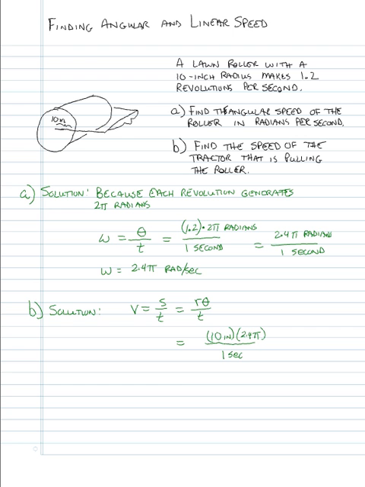So when we calculate this, we're going to have inches over seconds, that's inches per second. And in this case, what do we get? 24 pi inches per second. If we approximate that with our calculator, we get 75.4 inches per second.